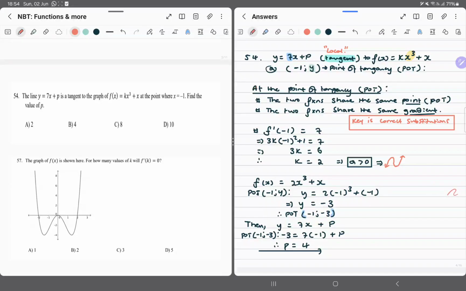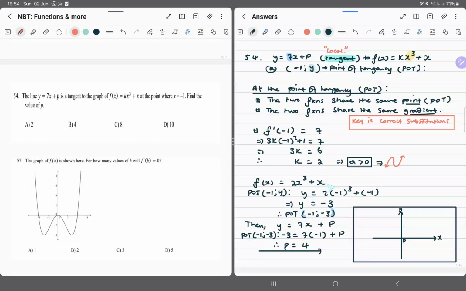What does the sketch of this graph look like? Let's draw it over here. So obviously we're going to have the Cartesian plane as we know it. We've got x, y, origin.